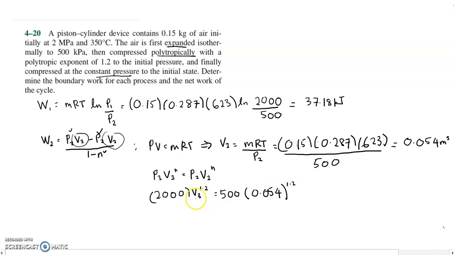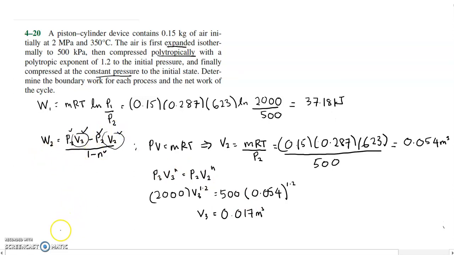So you have to calculate this and divide by 2000, then take the 1.2 root. So for V3 you will get 0.017 meter cube. So now we already have V3 and V2.